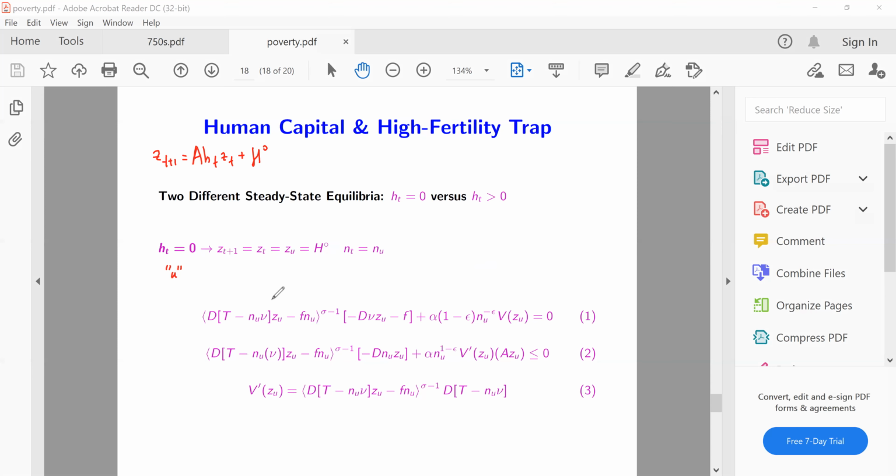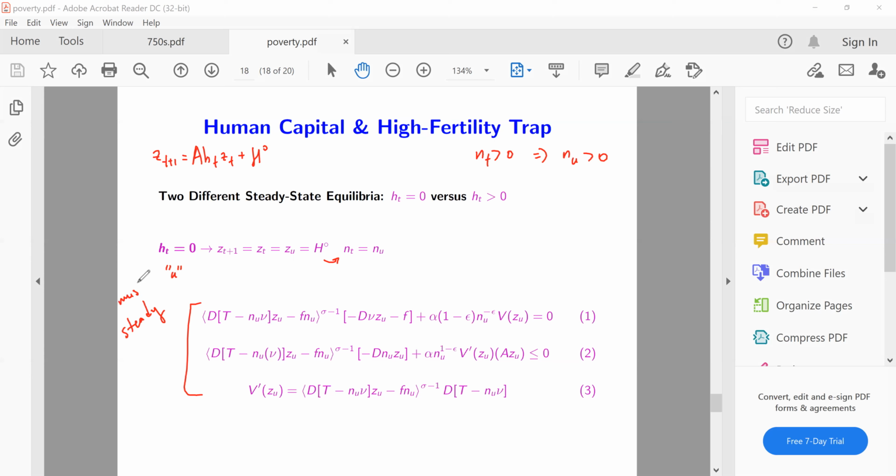Okay, so ZU must correspond to a particular fertility level, right? Because at that steady state, if fertility is going to be positive at all times, then there will be some steady state fertility level. So how do we understand that? Well, in all the equations, we replace fertility, because these necessary conditions must hold at the steady state as well.